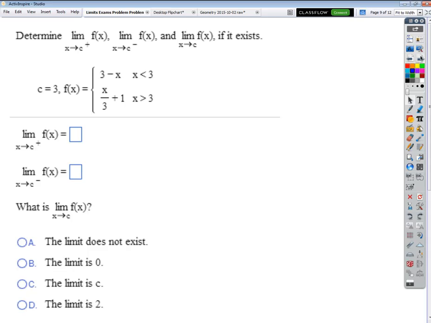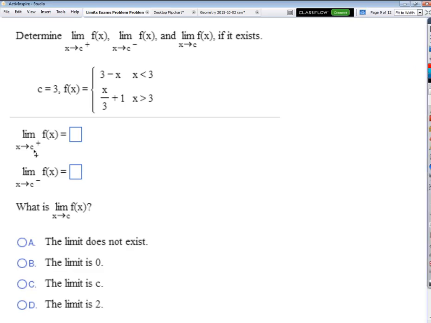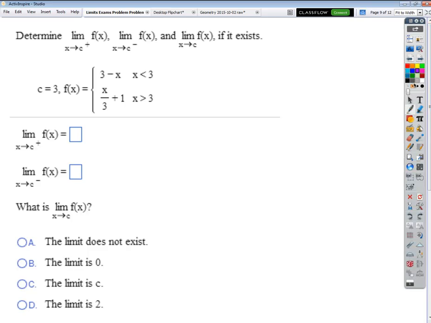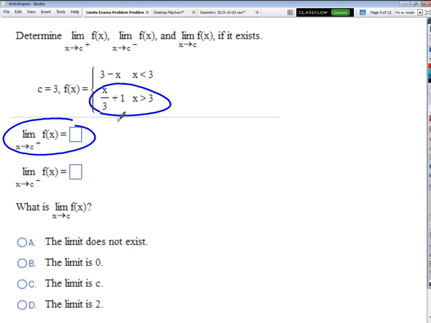If we let c equal 3, what's the limit of f of x as x approaches 3 from the right? Which of those two functions would we use? It'd be the bottom one, because it has to be greater than 3.